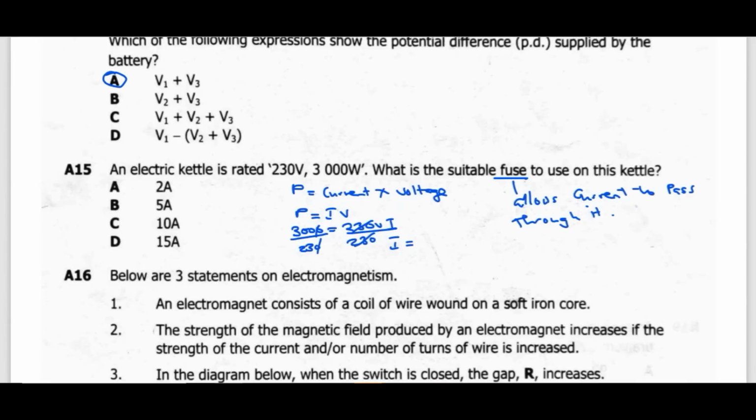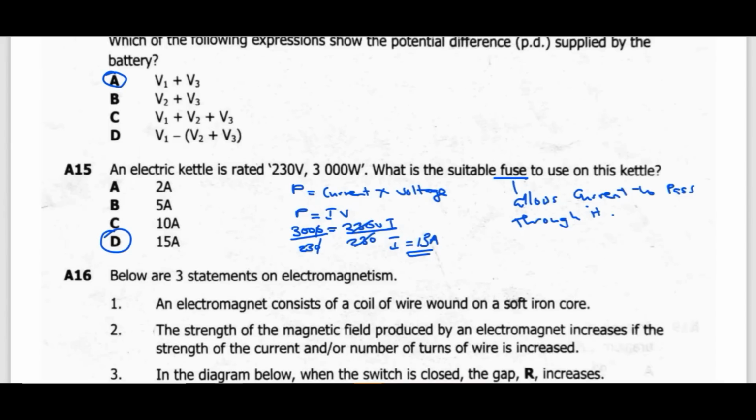We are going to have 13. Now we find which one is the nearest. The nearest is D, which is 15. We found what the current is.